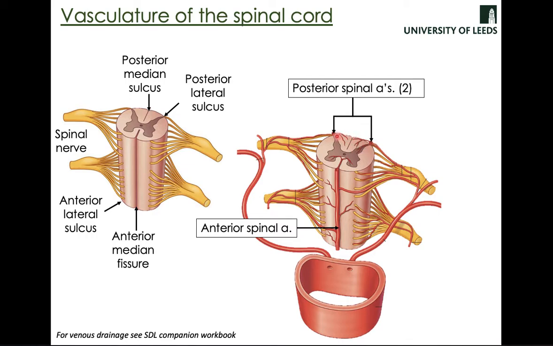But these anterior and posterior spinal arteries, they need help, they need reinforcement. So they are reinforced by what we call a segmental spinal artery. And this segmental spinal artery can be a branch of, depending where we are in the spinal cord, any of these arteries. So if you're closer to the upper neck, this segmental spinal artery is a branch of the vertebral artery.